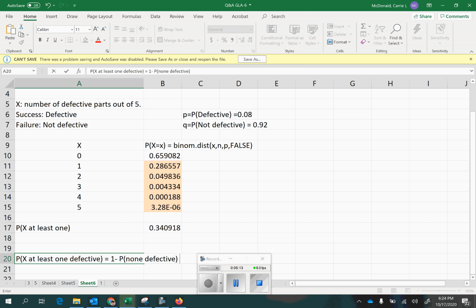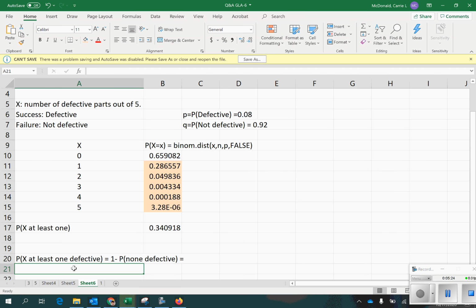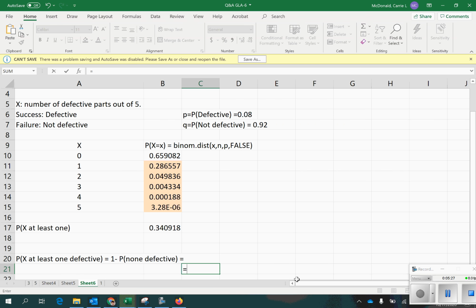And so that would be equal to 1 minus binom.dist with just 0 successes in 5 trials with a 0.08 probability of success and false for cumulative. So just that 1, right?